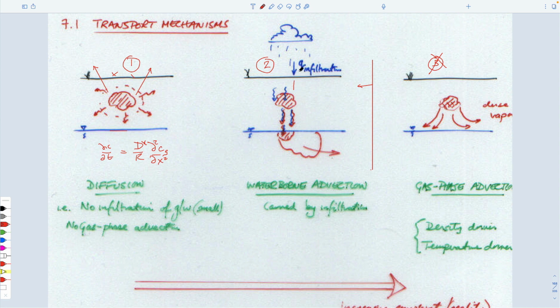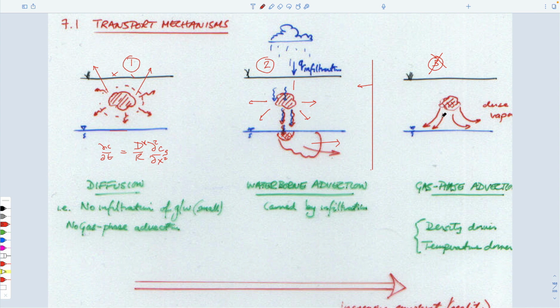If you have diffusion but with infiltration and advection onto the surface, you get a lot of loading into the saturated groundwater zone that then can be carried downstream as an aqueous plume, but can also be diffused in the subsurface as a gaseous plume.